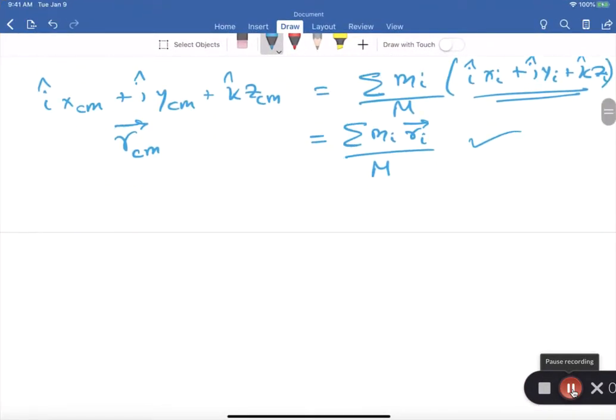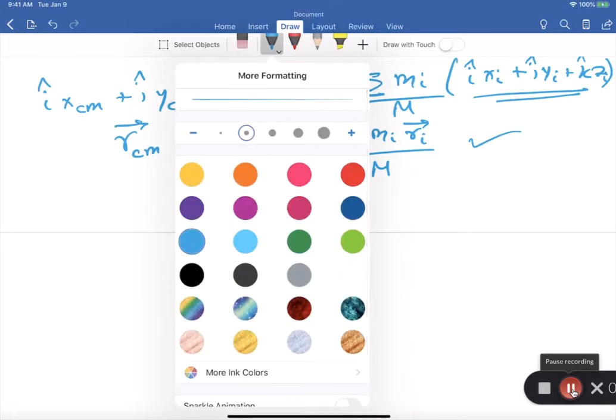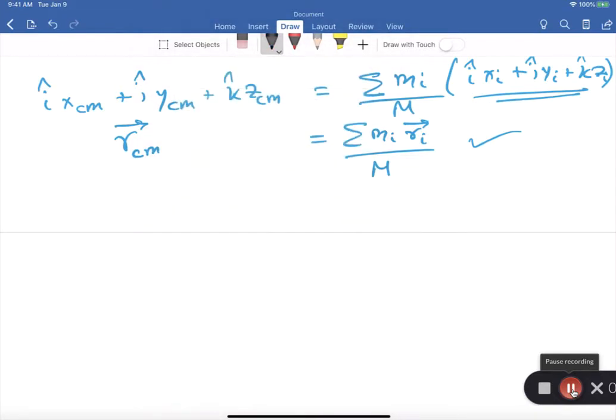All you have to do is just take a derivative. To get the velocity of the center of mass, just differentiate the equation that we just got. So just do d/dt, derivative with respect to time. So d/dt of rcm would be equal to, notice that the masses mi are all constant, capital M is constant.